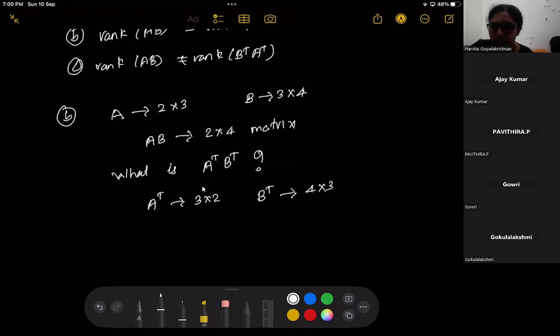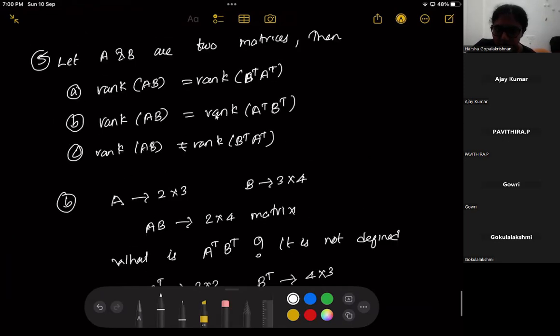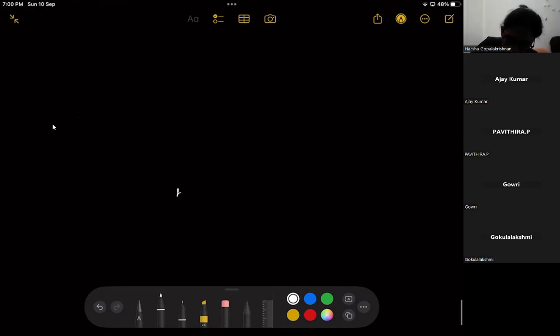Now, is this A transpose B transpose well defined? Is this possible? No, it is not defined. So this B is actually kind of invalid statement. Like if AB is defined, A transpose B transpose need not be even defined. So this case will never happen. So B is always false.